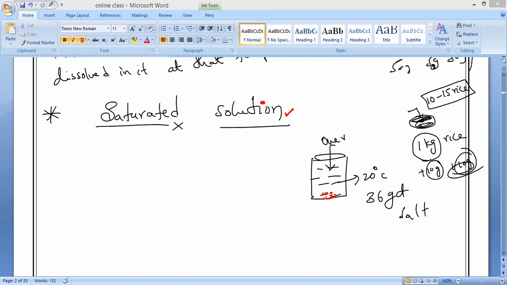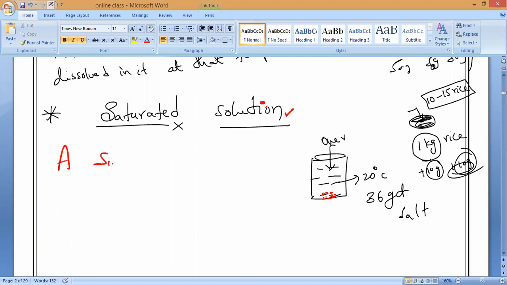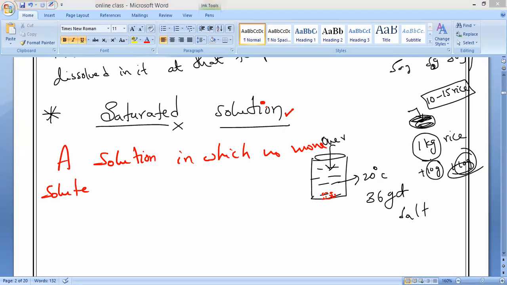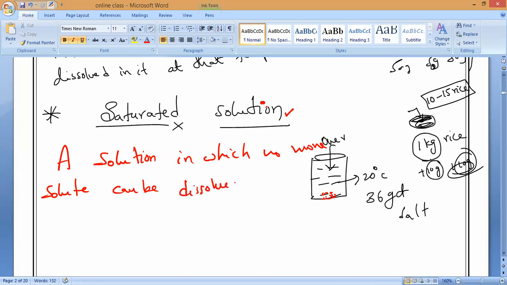A solution in which no more solute can be dissolved at that temperature.